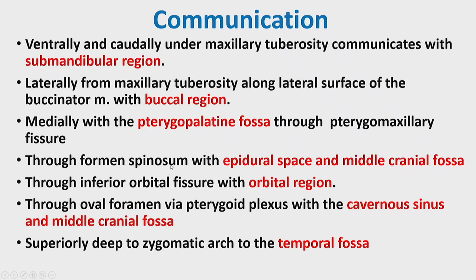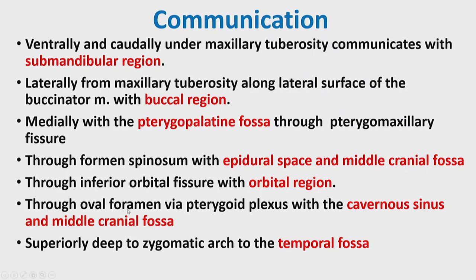Also, from the infratemporal fossa through the foramen spinosum, we said several times that middle meningeal artery bleeding can cause a type of bleeding or hematoma called epidural. So it's connected to the epidural space, which is located in the middle cranial fossa. Through the inferior orbital fissure, the infratemporal fossa communicates with the orbit, so it goes to the orbit.